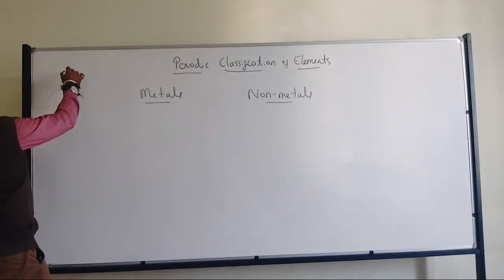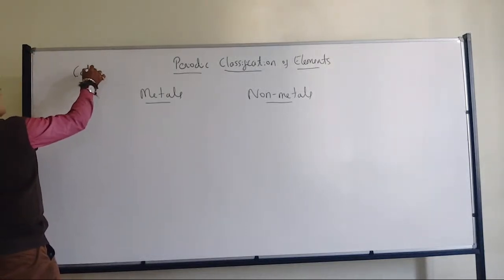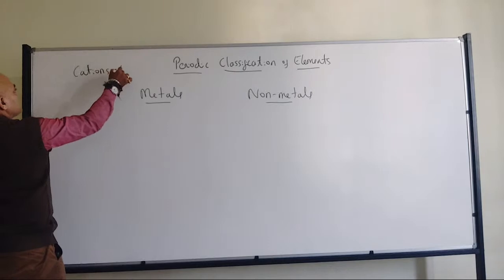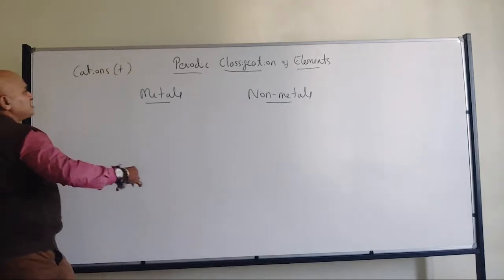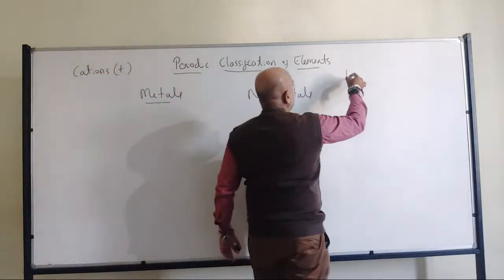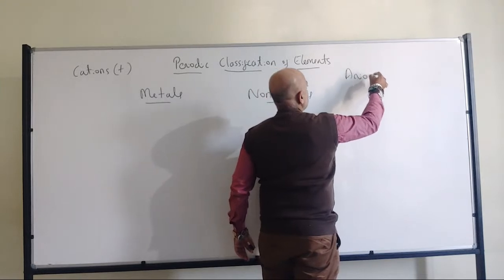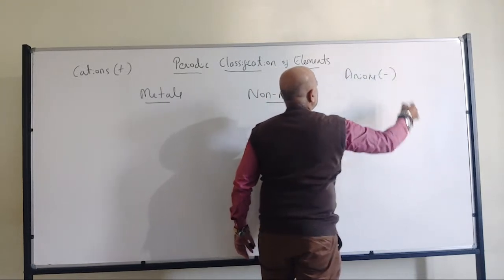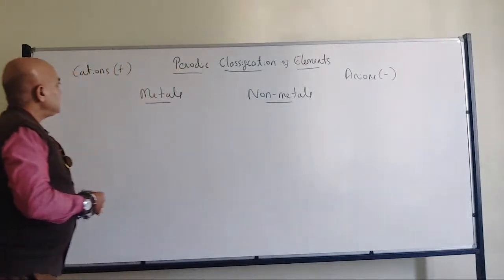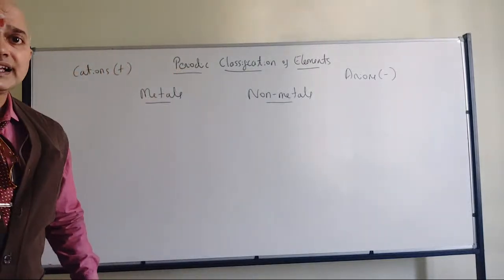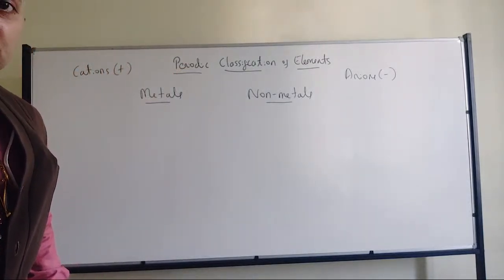So please remember, cations will be positively charged, and the anions are negatively charged. Anions are negatively charged. Cations are positively charged ions.